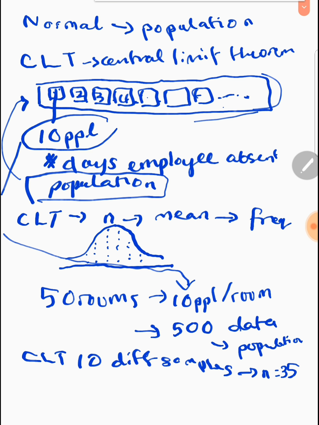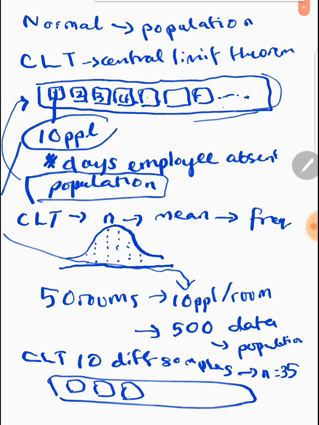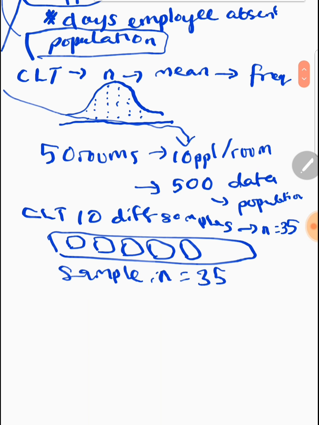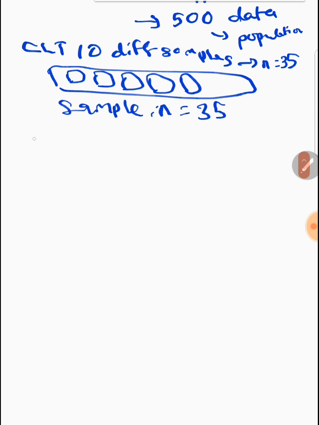So what happens here is that I have a whole big building, and I'm just going to randomly pick 35 data points. So my sample size n is actually 35, and I'm going to start with sample 1.